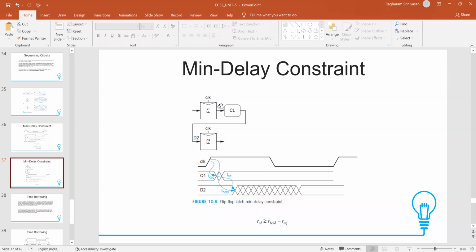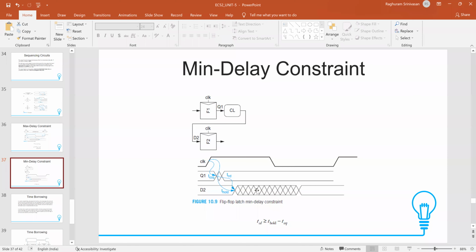Contamination happens at Q1, because of which the input to the combinational block starts to change, and the output also starts to change after TCD, okay, and then D2 is going to start to change. Because of the hold time constraint, for some amount of time D2 should be at a constant value after the arrival of the clock edge.